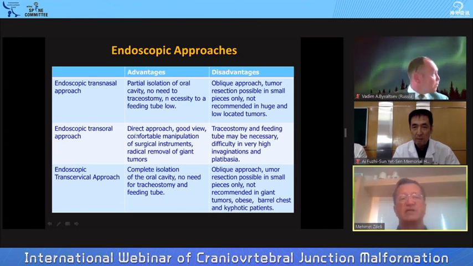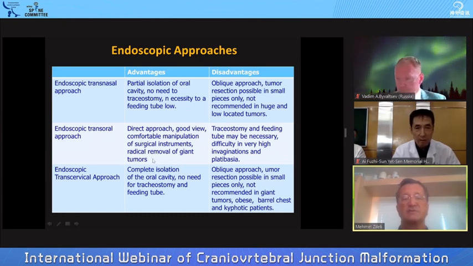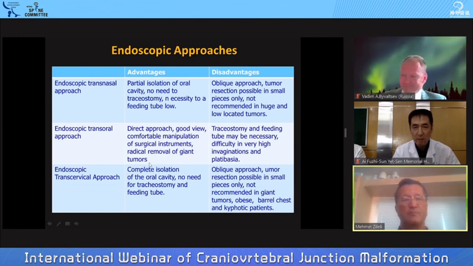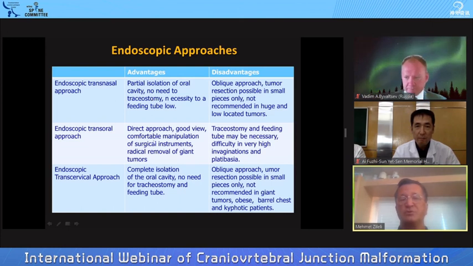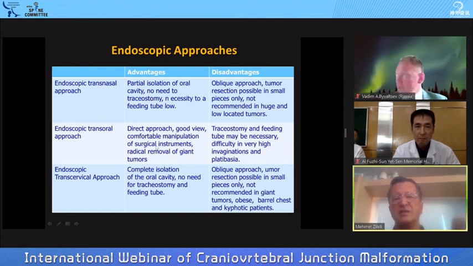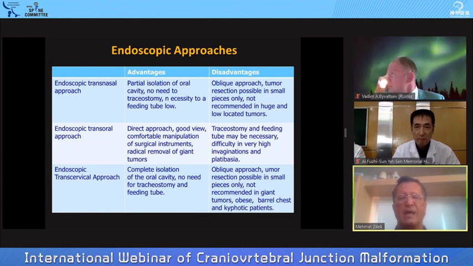However, the endoscopic transoral approach is direct, with a good view, comfortable manipulation of surgical instruments, and radical removal of giant tumors is possible. With the endoscopic transnasal approach, you can make resections only in small pieces, and giant tumor resections are not very feasible.